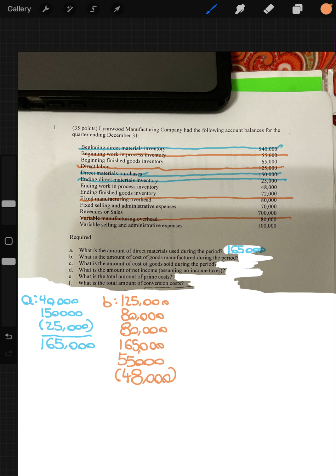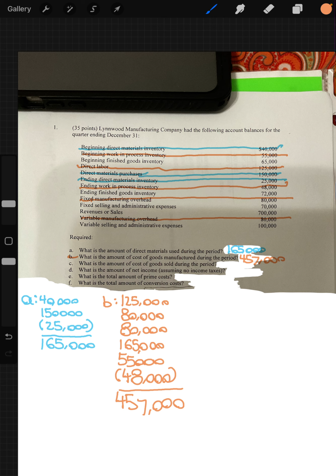And that's right here. So, if we add all that together and then subtract the 48,000, we get 457. That is our answer here. Okay, so that's that.